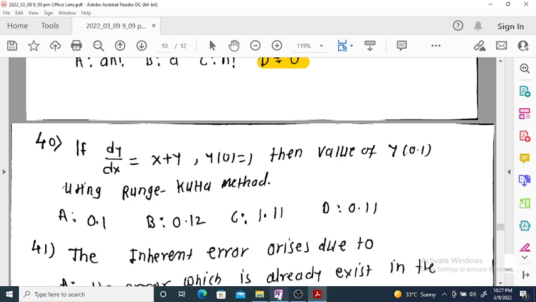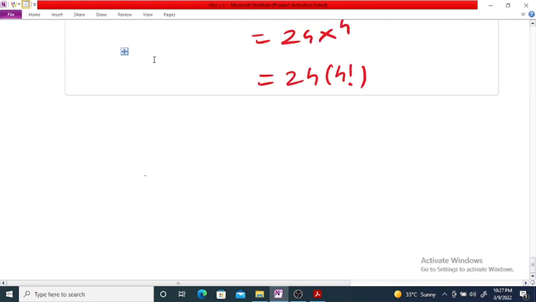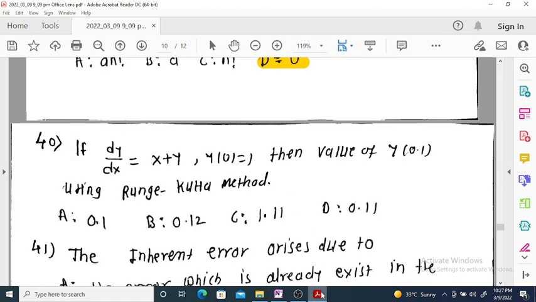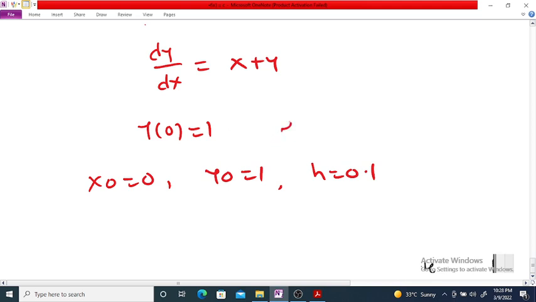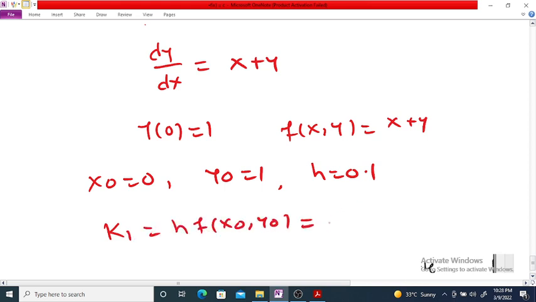The equation given is dy by dx is equal to x plus y, with y0 equal to 1, that is x0 is 0, y0 is 1, and h is equal to 0.1. f of x, y is x plus y, so k1 is equal to h f of x0, y0, so h is 0.1 into f of x0, y0, where x0 is 0 and y0 is 1.